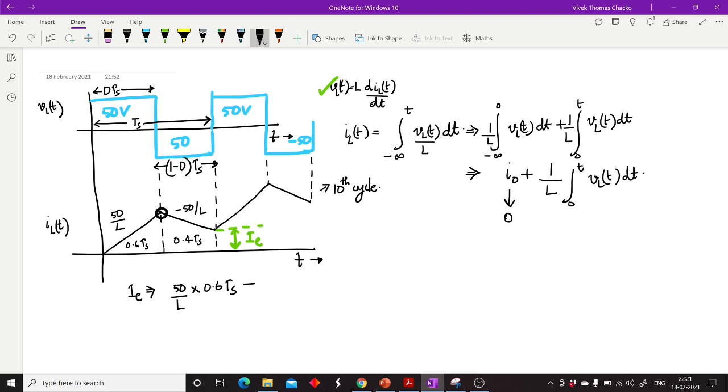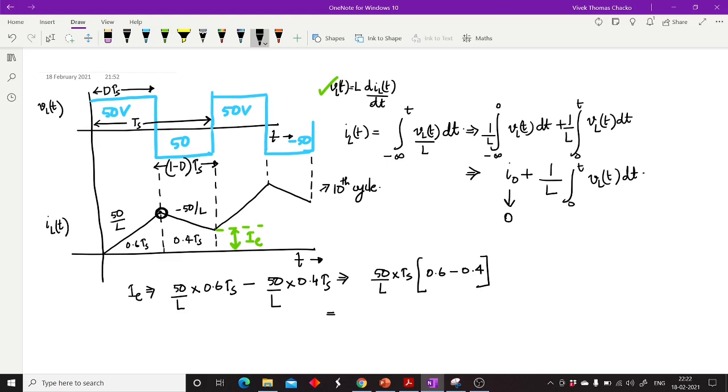So the inductor current fall at the end of 1 minus dTs, or the end of the Ts interval, is given by 50 by L into 0.4 Ts. So this is the effective increase in current at the end of the first switching cycle. So it can be written as 50 by L into Ts, we can take it as common, into 0.6 minus 0.4.